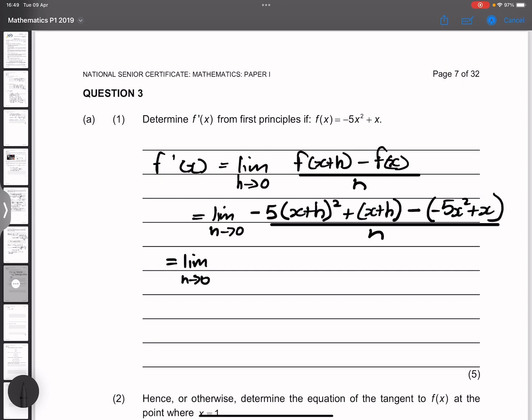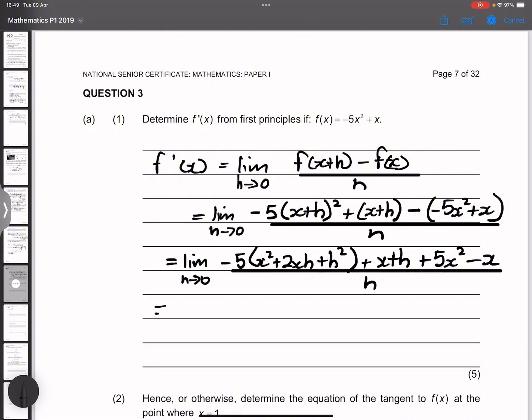Now let's deal with what's in the bracket. So this is going to give us x squared plus 2xh plus h squared, plus x plus h plus, now note, negative times a negative is a positive, so this is going to be plus 5x squared minus x, and this divided by h, limit as h tends to 0.